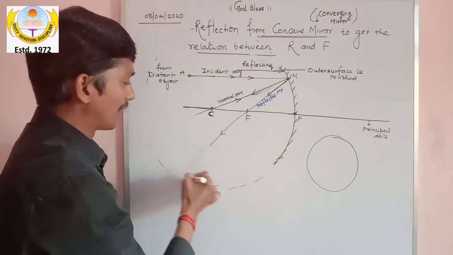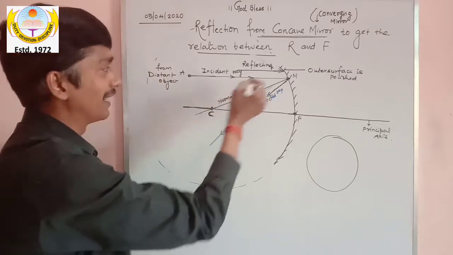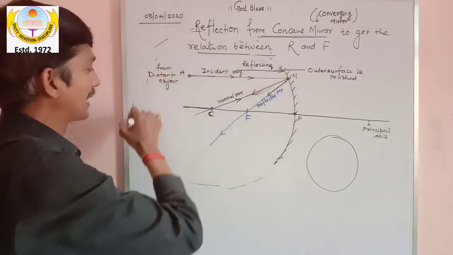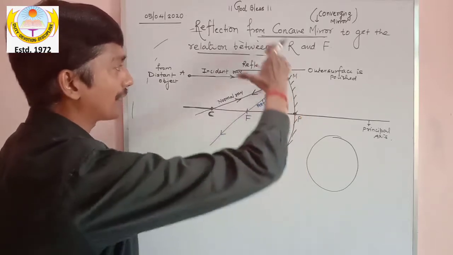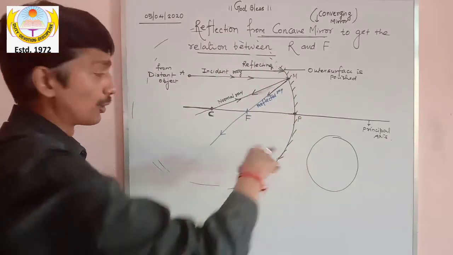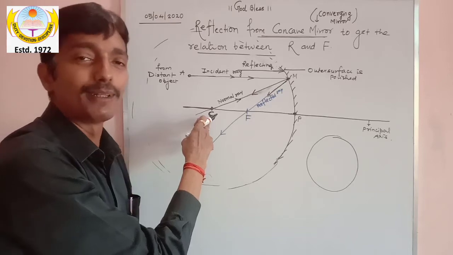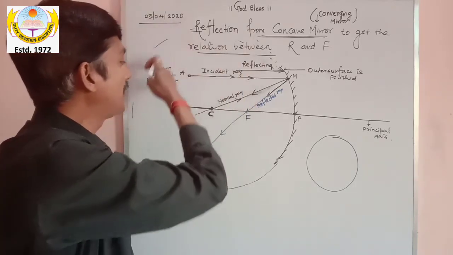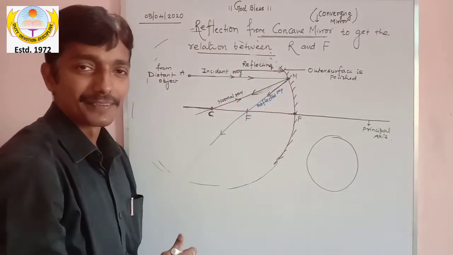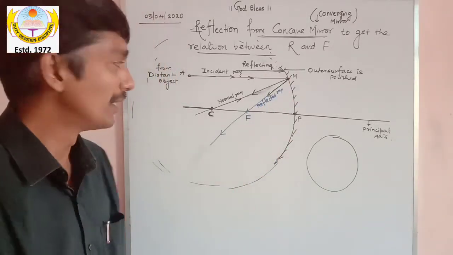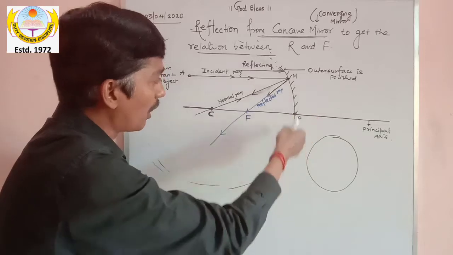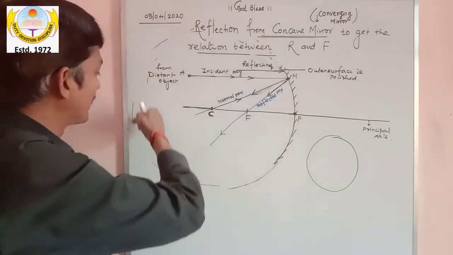I can draw the sphere with this mirror also. You can see, I am drawing. And this mirror is a part of this sphere. So this center is actually the center of the sphere, जिसका mirror is a part. फिर से सुन लो. Sir, the mirror is a part of the entire spherical surface like this.